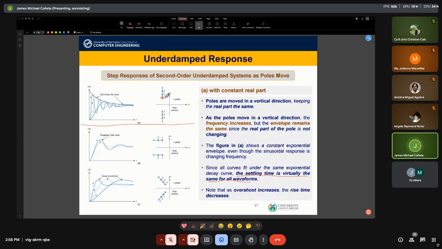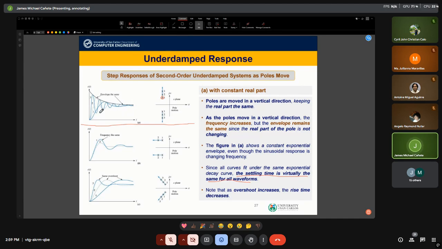They are numbered 1, 2, 3, with corresponding time response drawings here. So 1 has this, 2 has this light blue line with more oscillation, and 3 as well. What happens is you have the same settling time. So the decay of your exponential did not change.